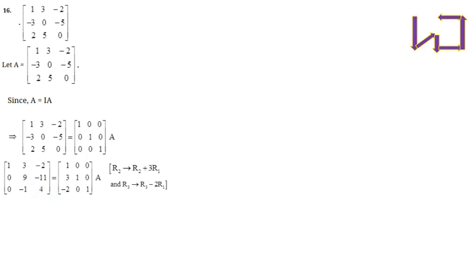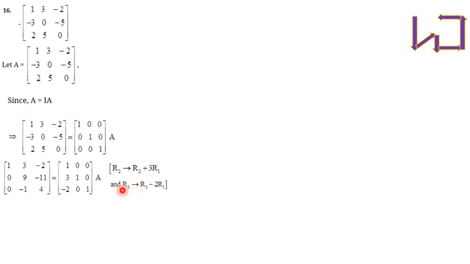Again, on the right side, R1 remains the same, 1, 0, 0, and R2 is changing, R2 plus 3R1. That is 0 plus 3 into 1, which equals 3. Next, 1 plus 3 into 0 is 1. Next, 0 plus 3 into 0 is 0.